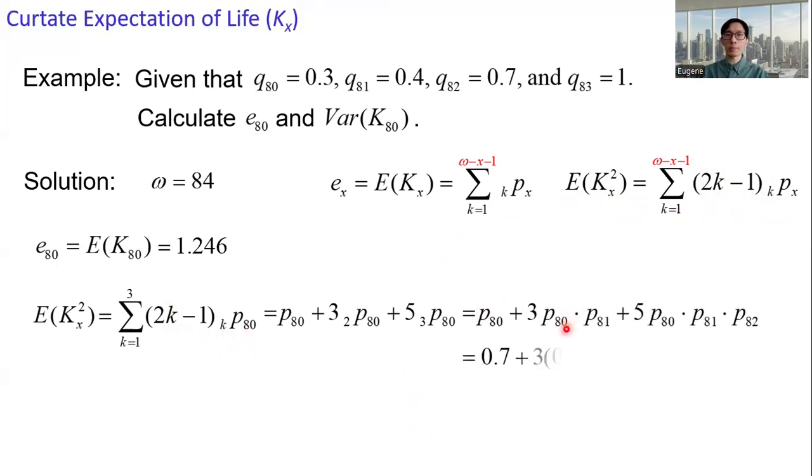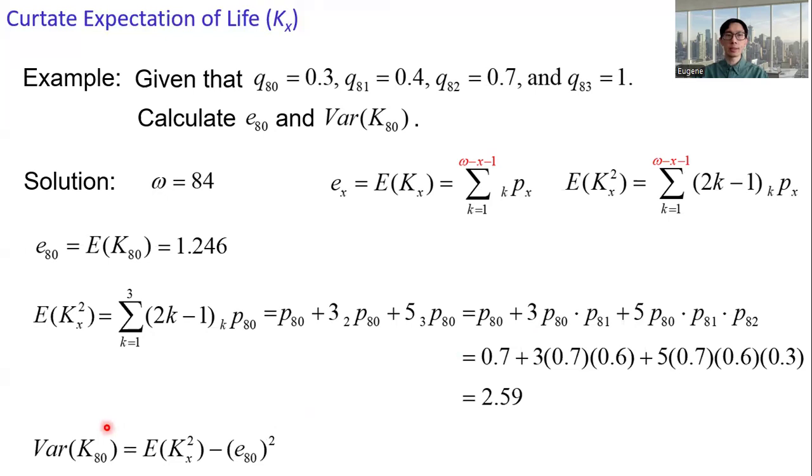Substitute the numbers, and we get the second moment, the expected value of Kx squared, equal to 2.59. And then the variance equals 1.0375.